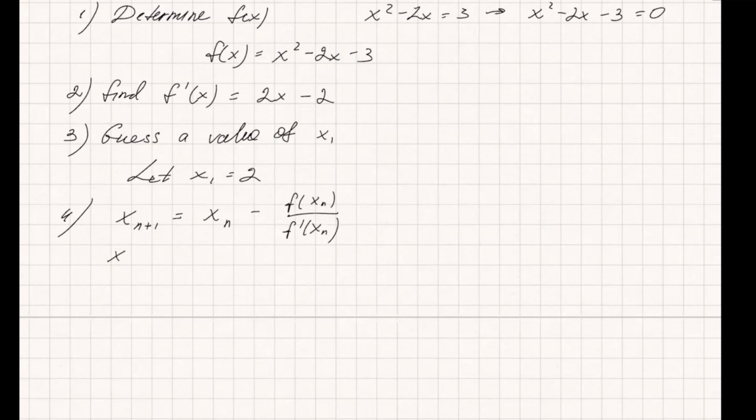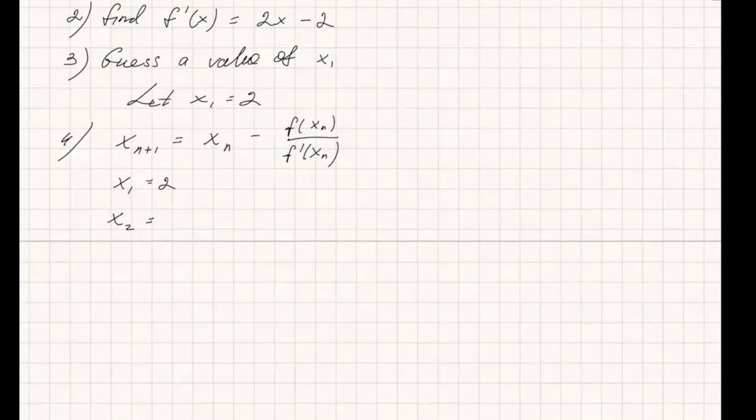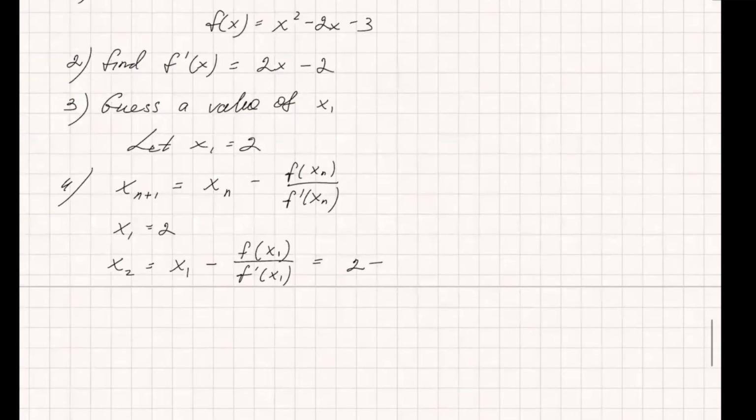So the first iteration is x1 = 2. The second iteration would be x2 = x1 - f of x1 divided by f prime of x1, which in our case is 2 minus f of x1, which is 2^2 - 2 times 2 - 3, divided by f prime of x1.